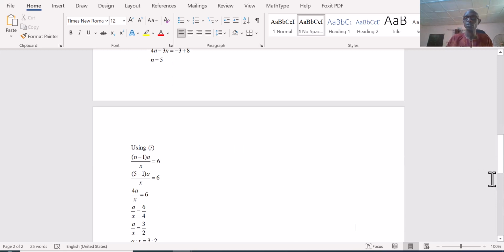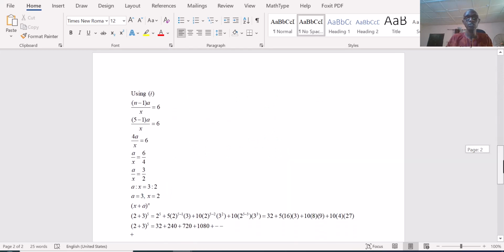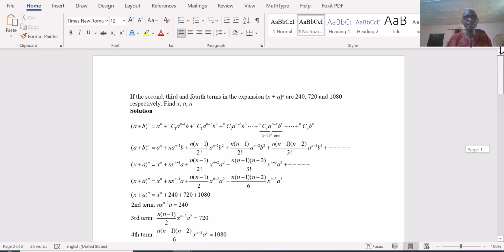So I paste that. So this is the whole solution to this problem we have solved. So x is 2, a is 3, n is 5.